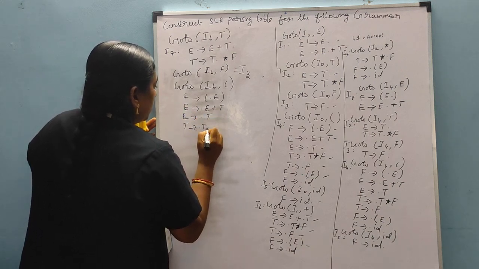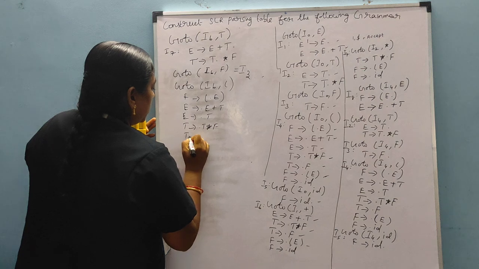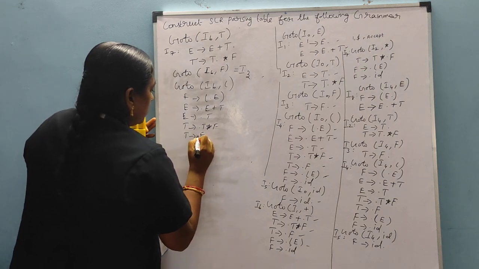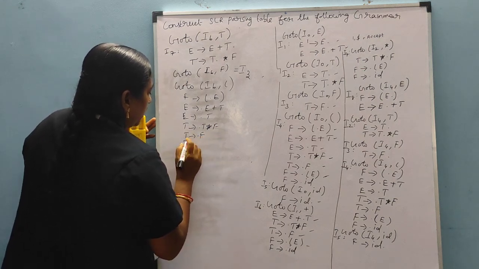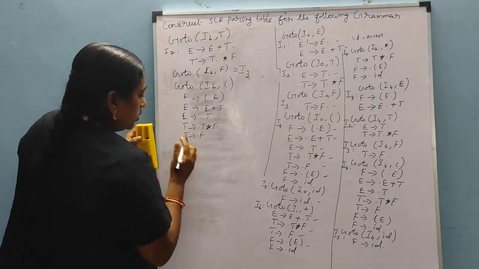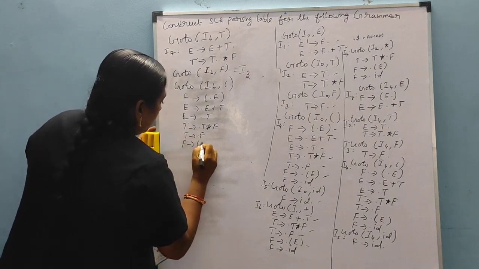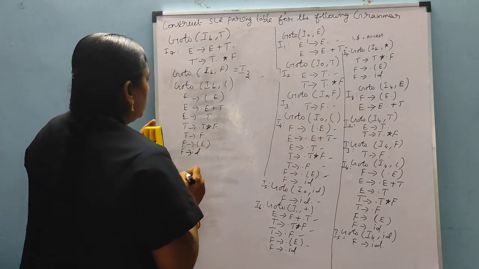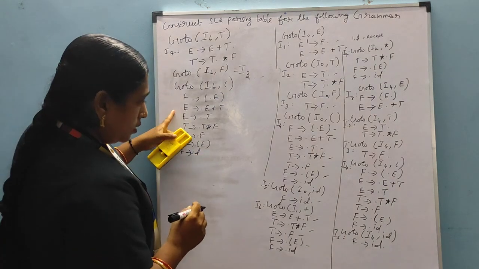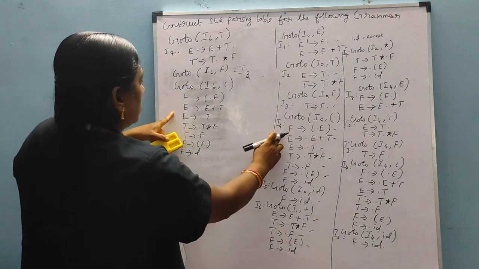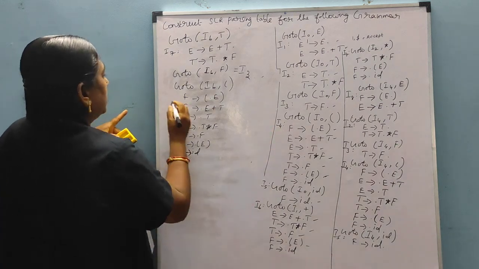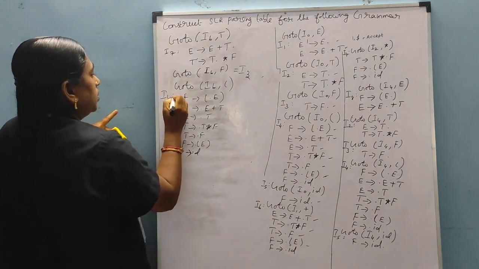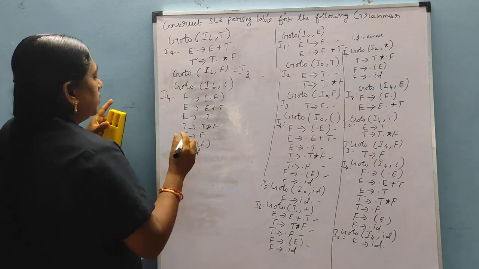T tends to dot T star F, T tends to dot F, F tends to dot open bracket E close bracket, F tends to dot ID. Is this new or existing? This is existing only. So I4 state.